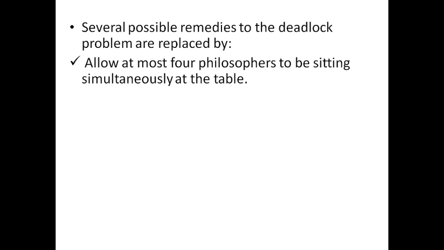If there are only 4 philosophers, at least one person will get 2 forks, and then he will hand over both the forks, and they will become available to the next person. So in a cyclic manner, every philosopher will be able to have the forks and eat the food. This is a very limited or inflexible solution, because it suggests that you have to prevent the philosopher from entering the hall. So this is not acceptable.